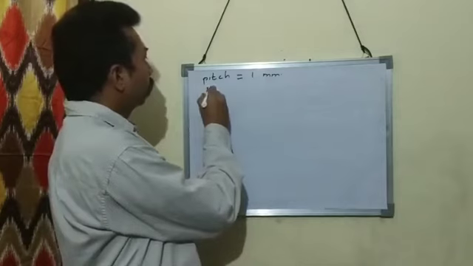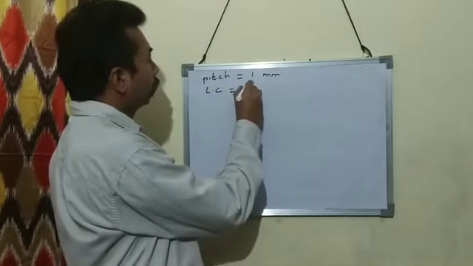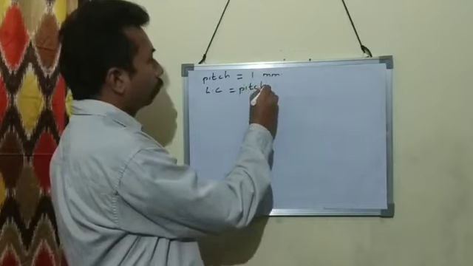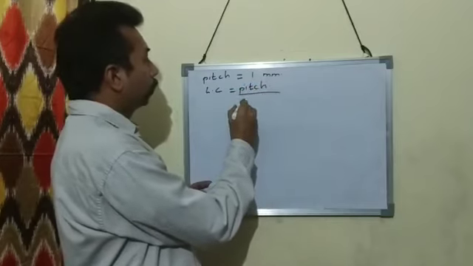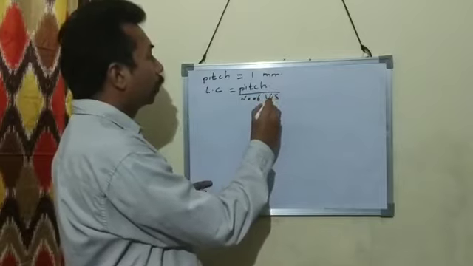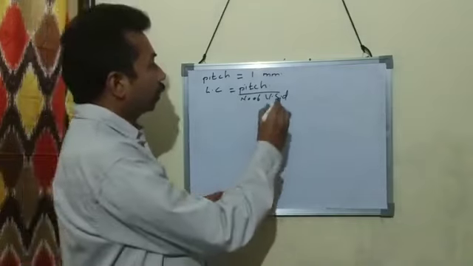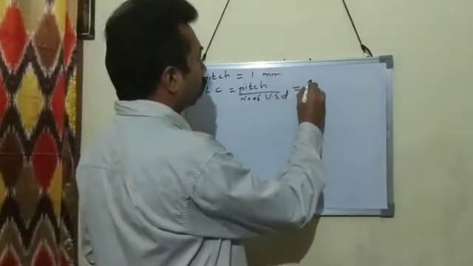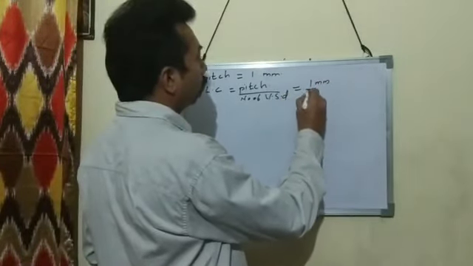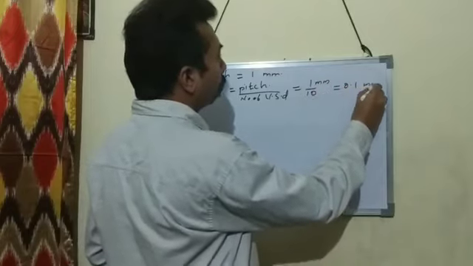The least count is equal to pitch upon number of divisions on vernier scale. You may be remembering the formula. That is 1 millimeter divided by 10, equal to 0.1 millimeter.